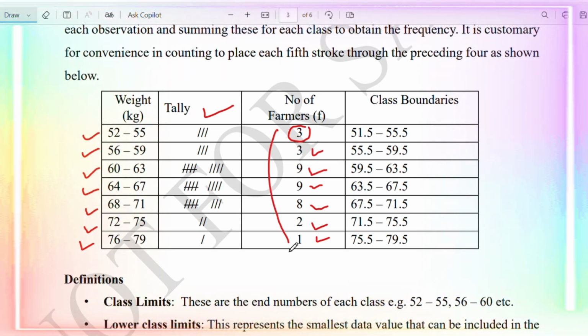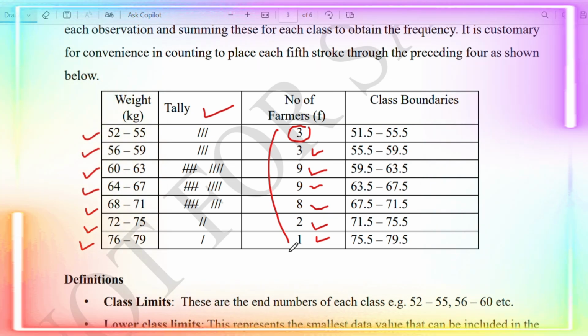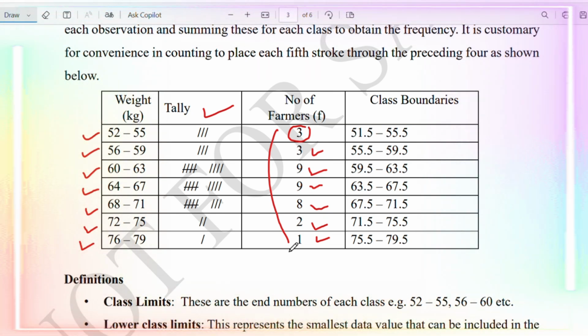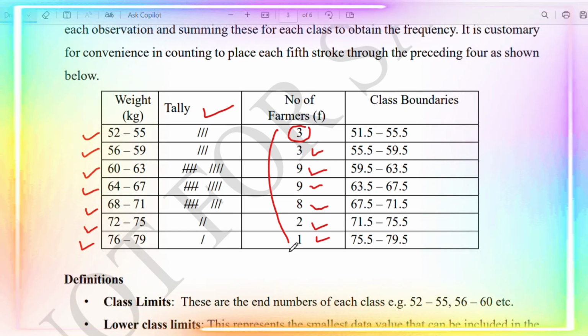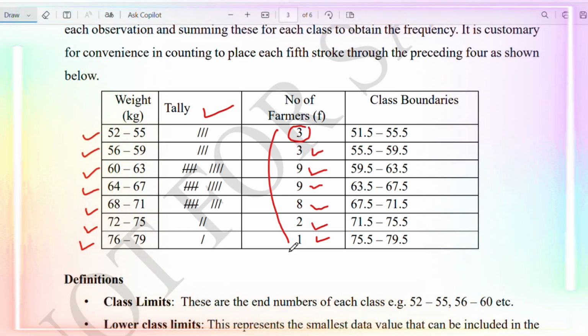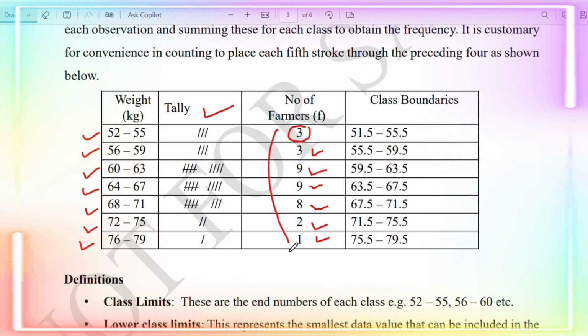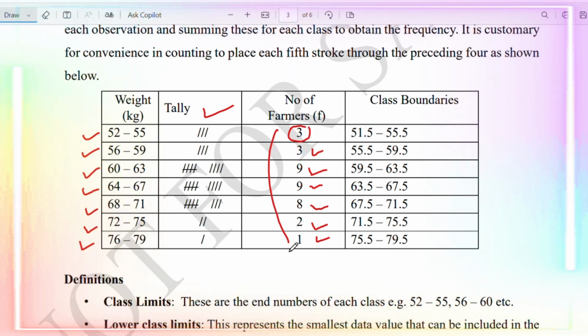Now, the question is this: how can we formulate the class interval in such a way that, or is it a guesswork that an individual will just sit down and guess?